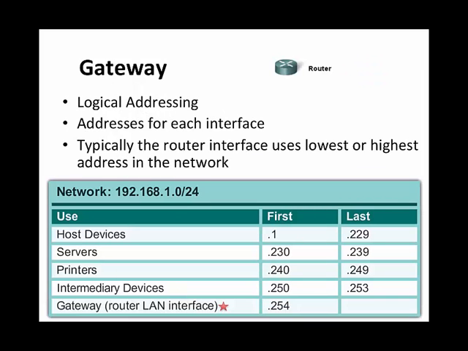Then the gateway. The gateway, it can be a router or firewall, has a particular difference with the servers and the switches. Although the gateway is a concentration of a lot of traffic, the gateway has an IP for each interface. So the special thing that is done here is that the router uses the lowest or highest address in the network.